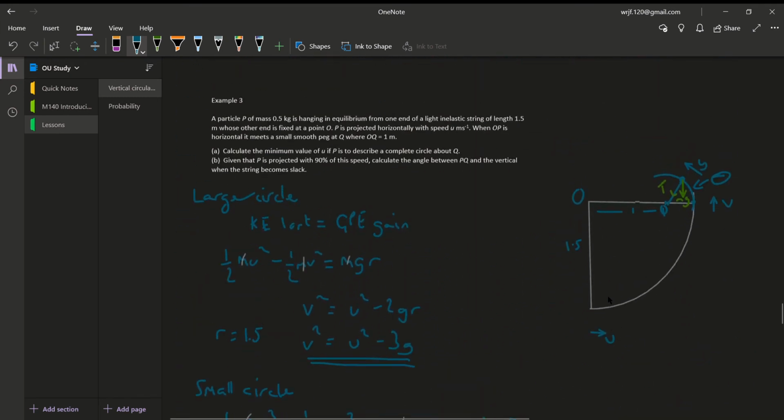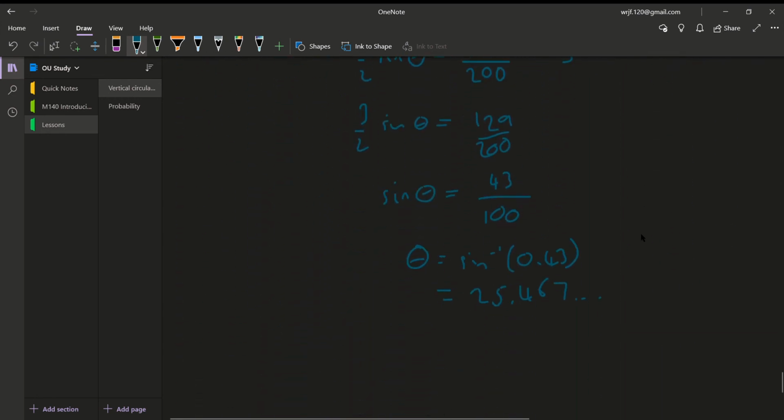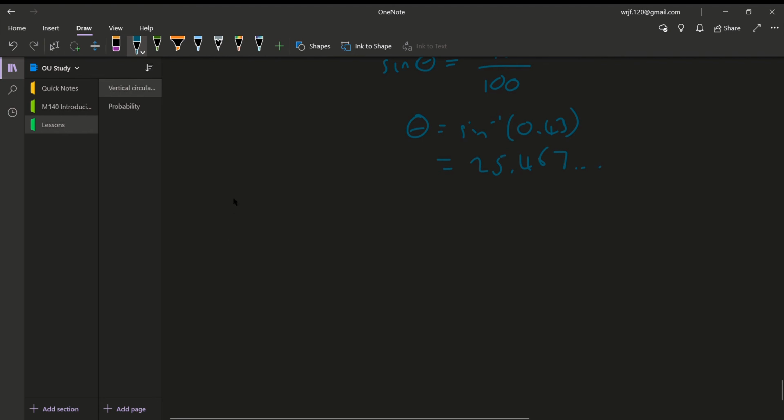Just checking back to the question. I think I remember, yes, we want the angle between PQ and the vertical, and what I've calculated is the angle between PQ and the horizontal. So I'm going to need to subtract the answer I've got for theta from 90 degrees. So I can just finish this one off by saying, therefore, angle with vertical is 64.5.